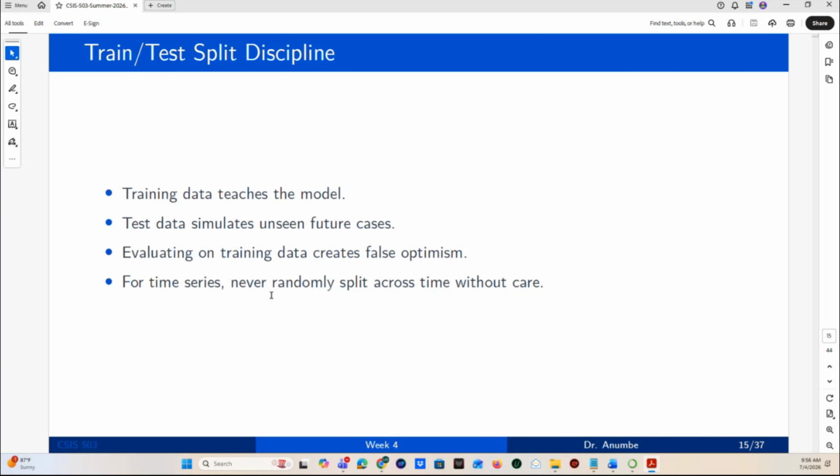So for time series, never randomly split across time without care. Usually in analyzing time series data, you have to split the data into chunks of time. So let's say I'm collecting data at 1 data point per second. In 1 minute, I would have collected 60 data points.